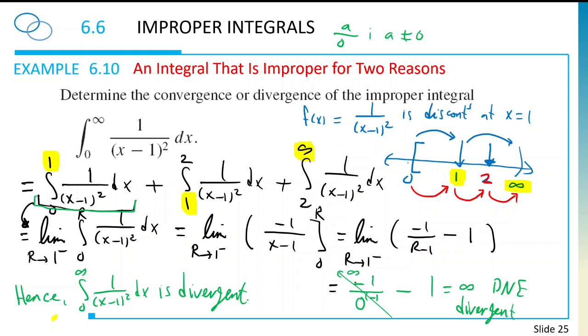An important point: hence, usually check the continuity. One piece of advice: always, whatever the question is, you need to check the continuity. If there's infinity or minus infinity, it's always improper. It's good just to see the interval on the number line, to see how many integrals you need to split.